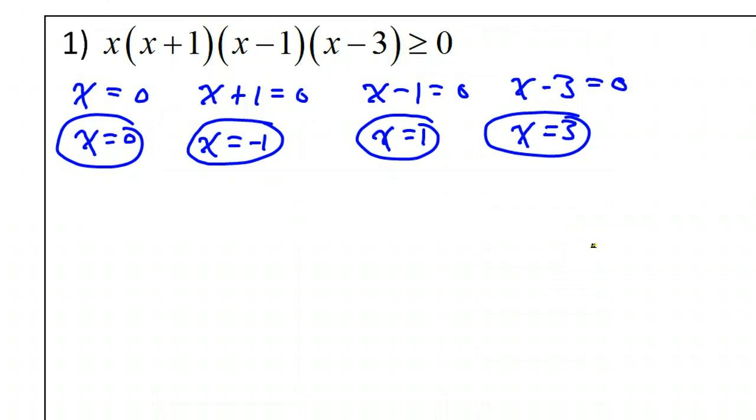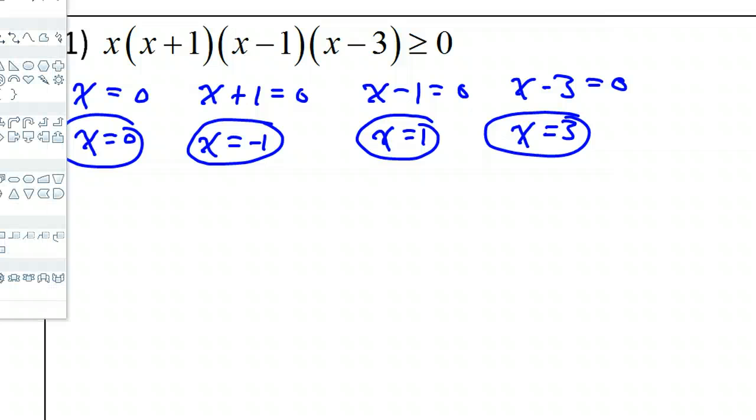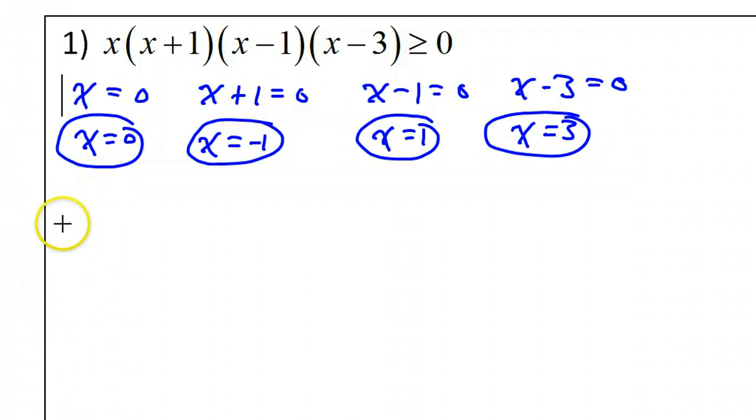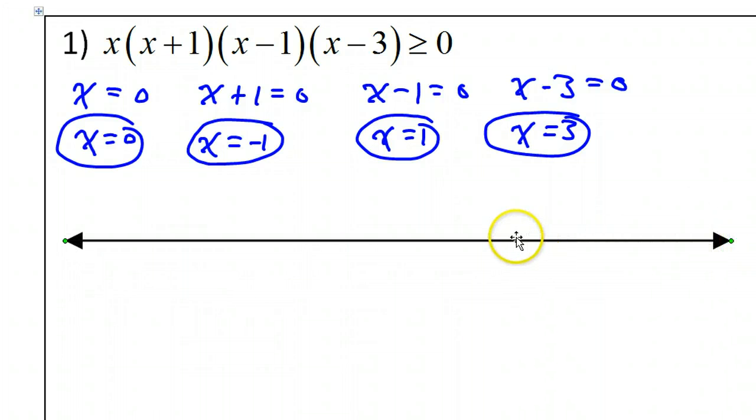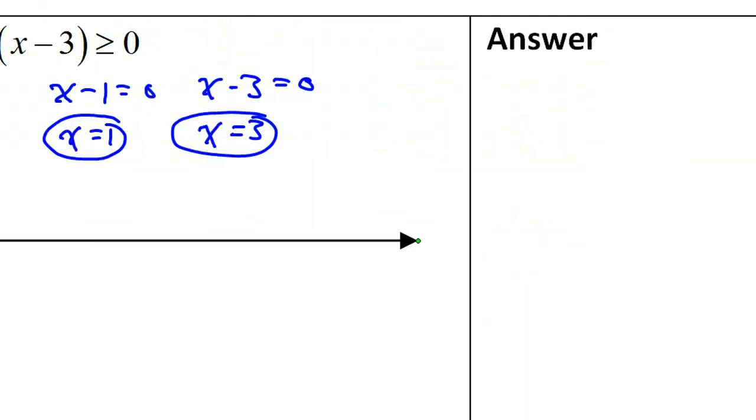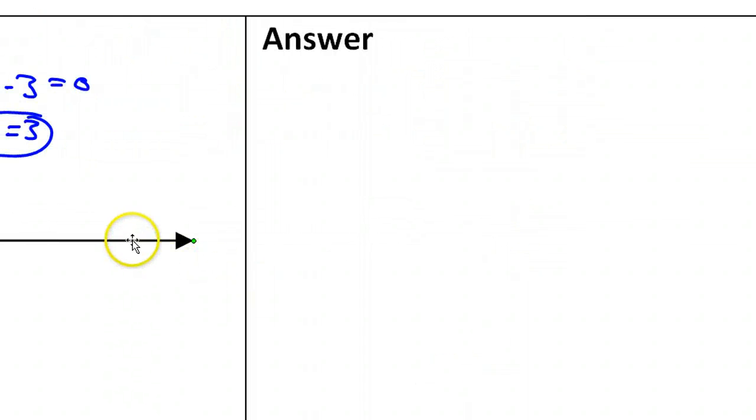Okay, so let me go ahead and set up the graph, because we need a number line for this. Let me get my number line started. I guess that's going to go over here where the answers go. I'm just getting ready for my answer, so we'll put the answer over there.